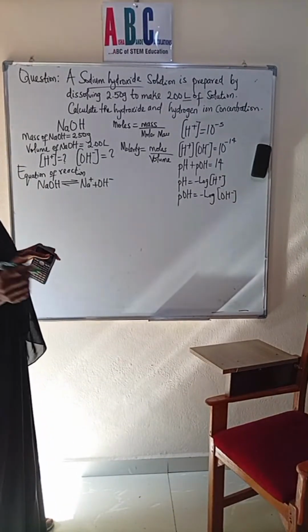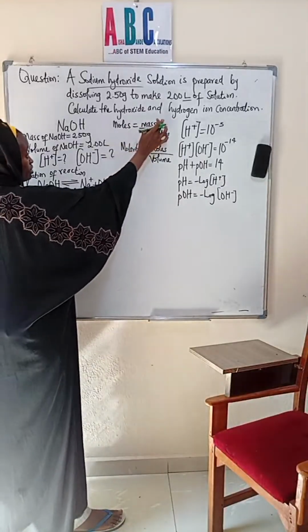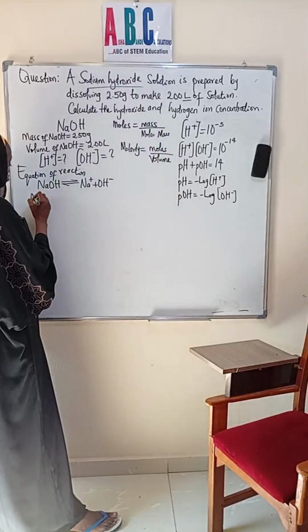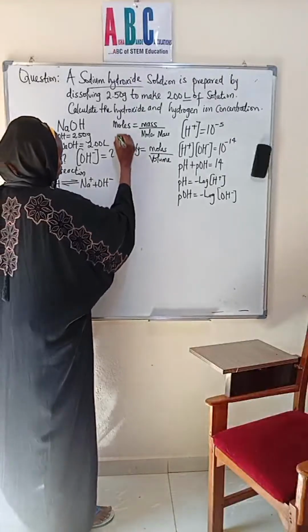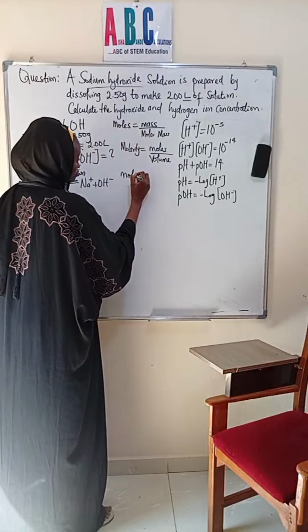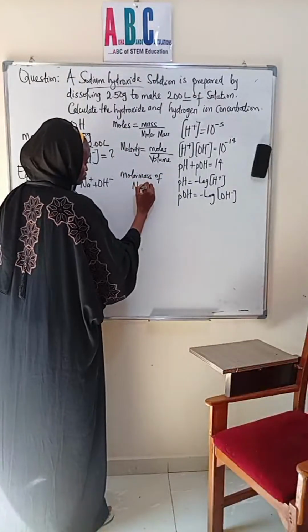So now let's begin. In this case, we need to get the moles because we have the mass, but we don't have the molar mass, so we have to calculate the molar mass here. First, we need to calculate the molar mass of sodium hydroxide.